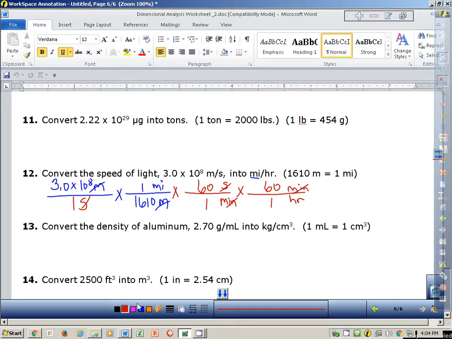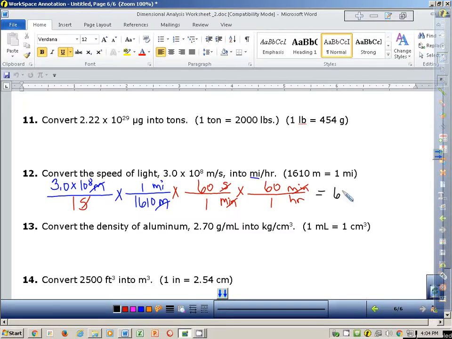So now we can stop and we can do our math, and I don't have the answer to this right off the top. That is going to be 3 times 10 to the 8th times 3,600 divided by 1,610. So we get a lot.